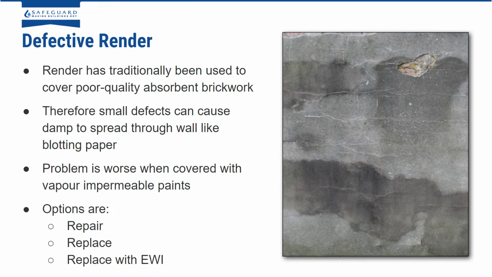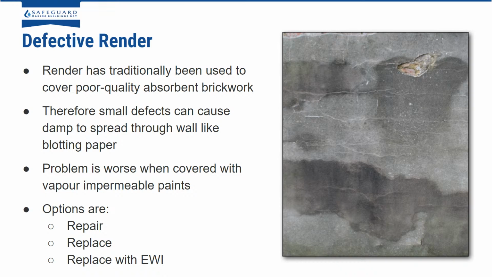So in those situations they were rendered over, especially with cement based render, and if any small defects or cracks did appear, the moisture would then get trapped behind them and would effectively act as blotting paper and spread the damp throughout the wall.